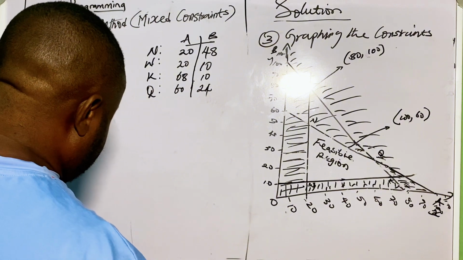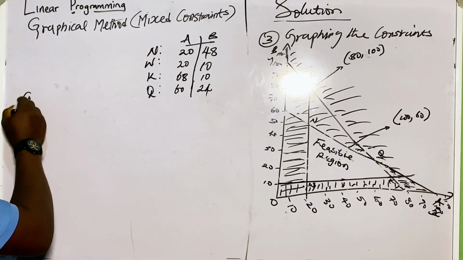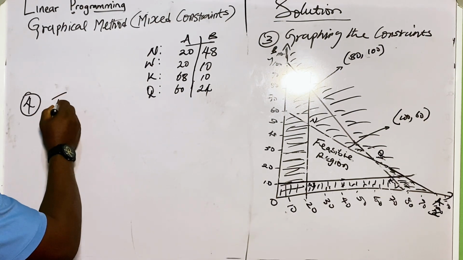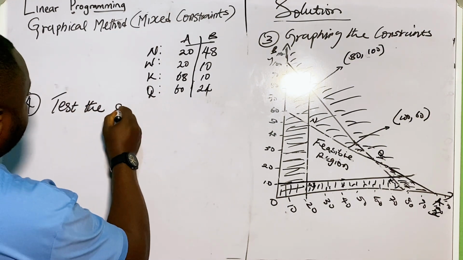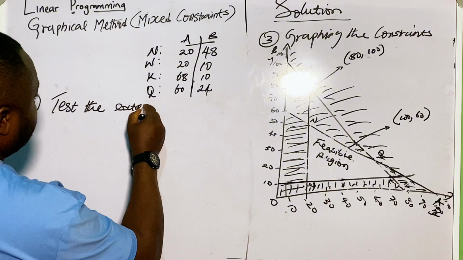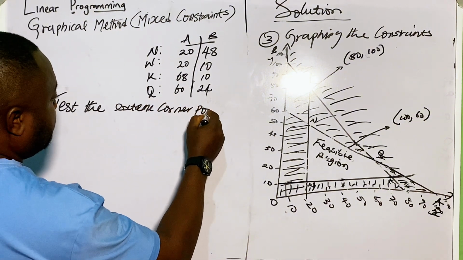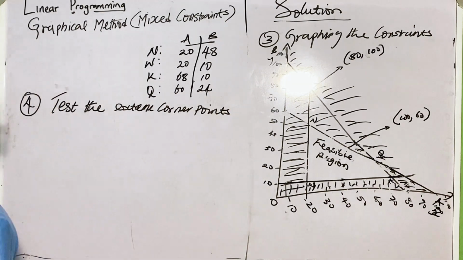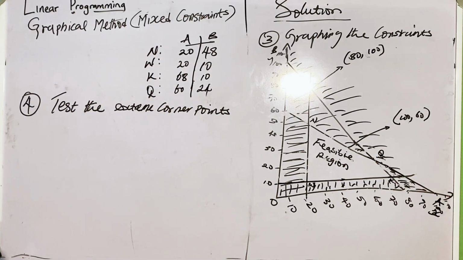Alright, so step number 4 will be to test the extreme corner points, which is simply to input these values that we've read off into the objective function.